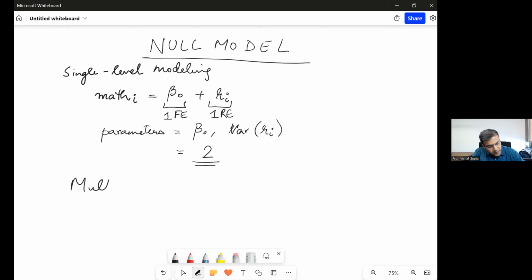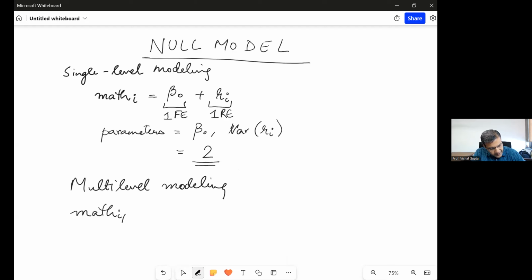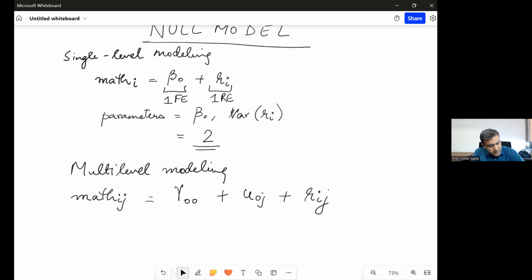If I do multi-level modeling, what do I write? I wrote math ij is equal to, now I'm writing the direct equation, gamma 0 0 plus u 0j plus rij. Now how many terms? You have one fixed effect and there are two random effects.